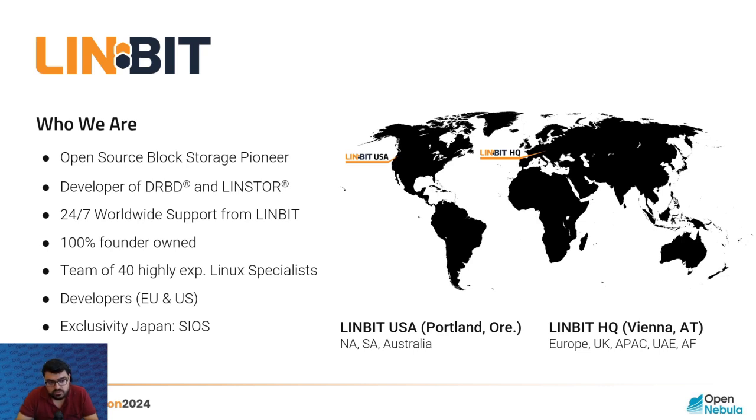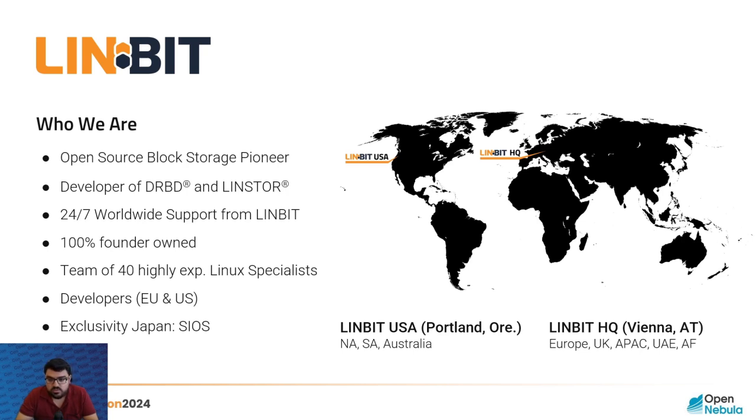We provide 24/7 support to all of our customers around the globe with 2 offices in 2 different continents. Our headquarters is in Vienna, Austria, and our USA office in Portland, Oregon.